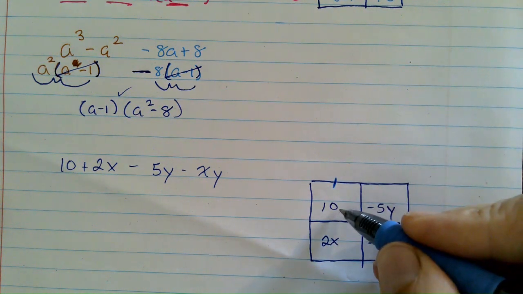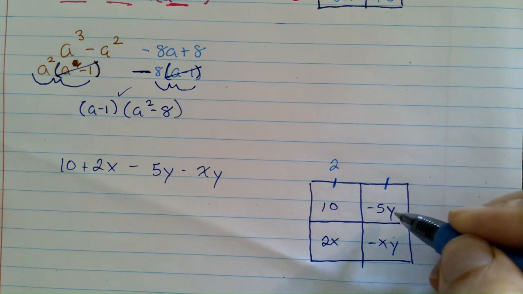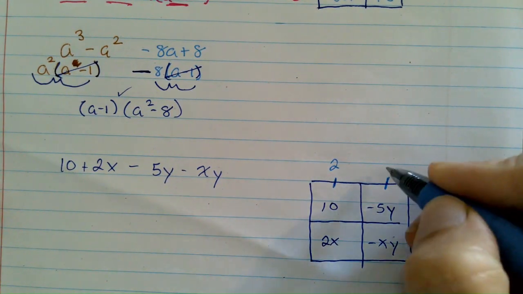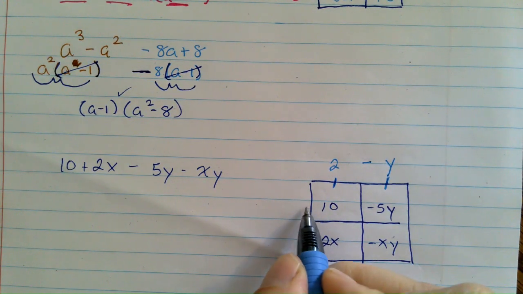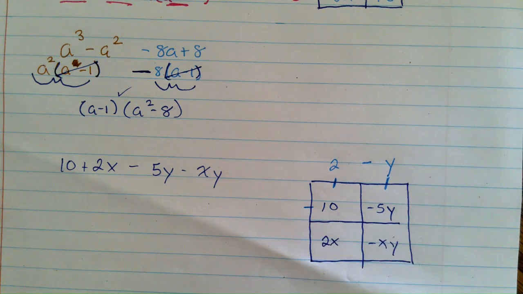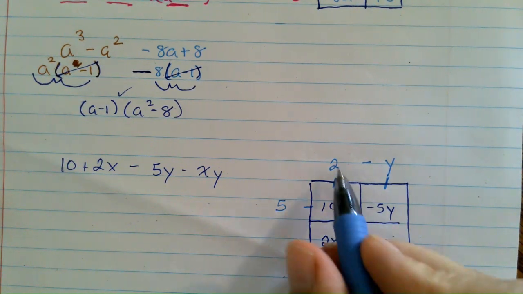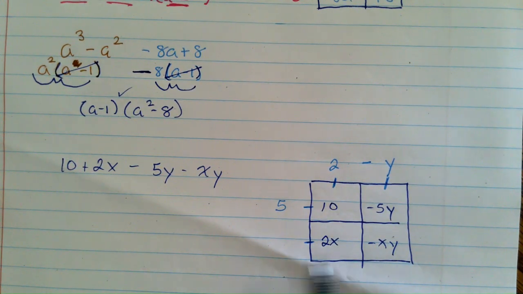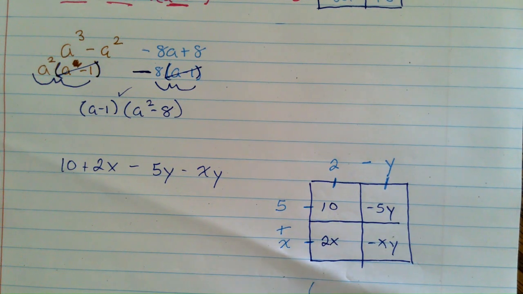Up and down, 10 and 2x, both divide by 2. Up and down, minus 5y and minus xy, both have a y. And the closest box is negative. Side to side, 10 and negative 5y, both divide by 5. And that's good because 2 times 5 is 10. And horizontally, they both have an x, and the closest box is positive. So that would give us 2 minus y and 5 plus x.